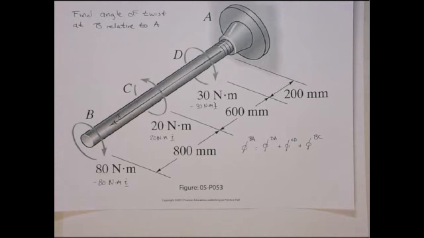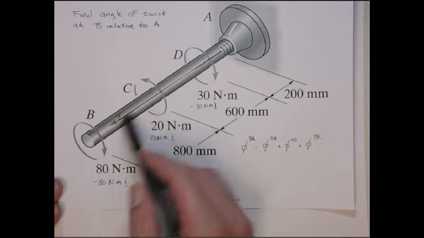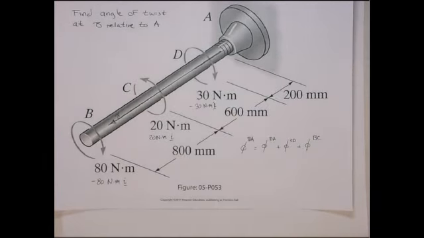And why are we breaking up those sections? Because in each one of these sections, we have constant internal torque, constant cross-sectional area, J is constant, and G is constant.